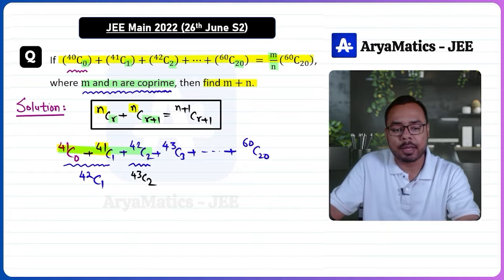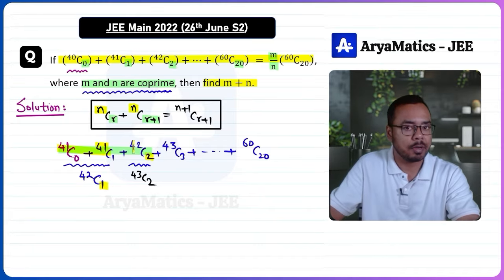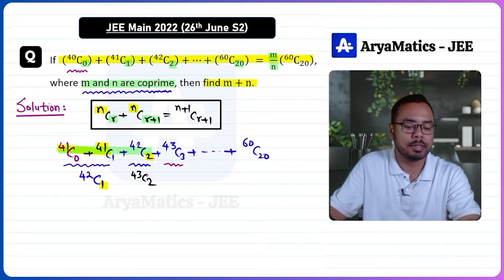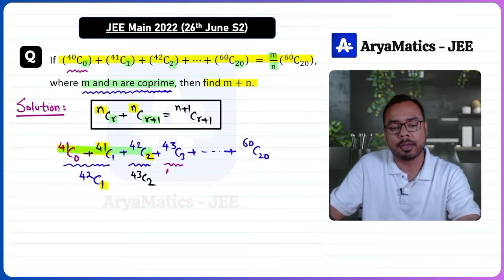We have to add 1 and take the bigger number here. Now we are going to add the first four terms. The sum of the first three terms is 43C2. 43C2 plus 43C3 will become 44C3.